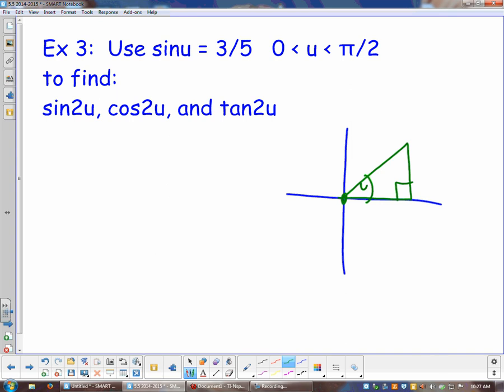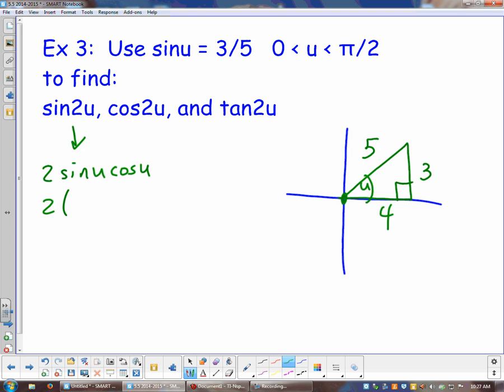Now if I want to find the sine of 2u, let's use our formula for sine of 2u, which is 2 sine u cosine u. So I already know sine u is 3/5. What's the cosine of u? 4/5, because that's the adjacent over hypotenuse.